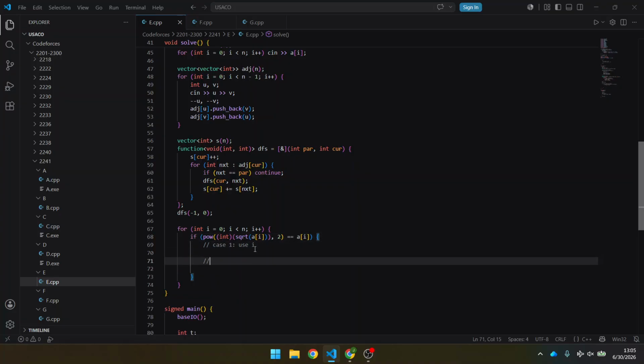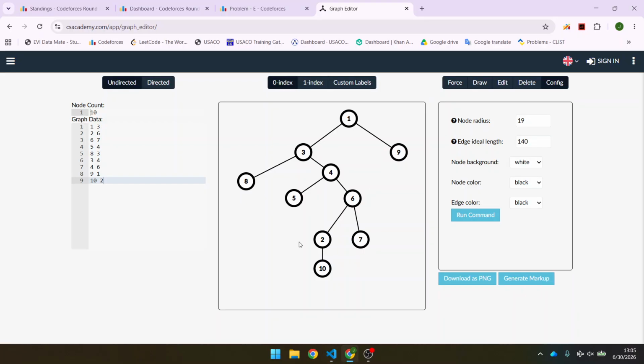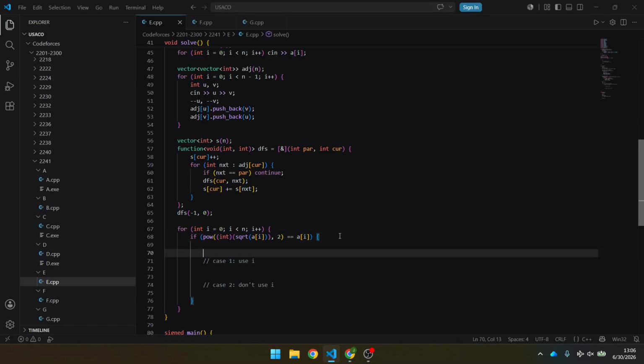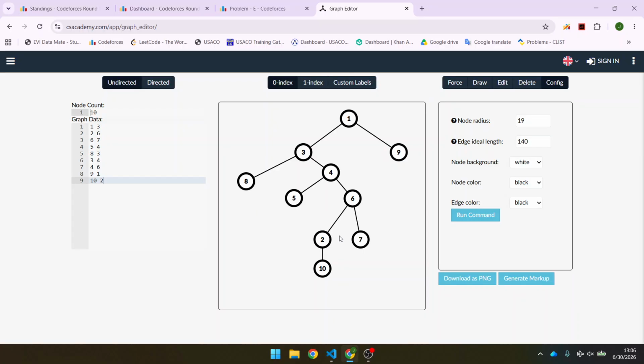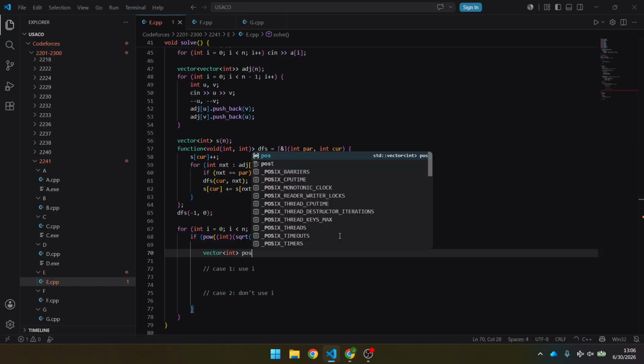Case 1 is use I. Case 2, don't use I. So these are all the possible choices of pairs.